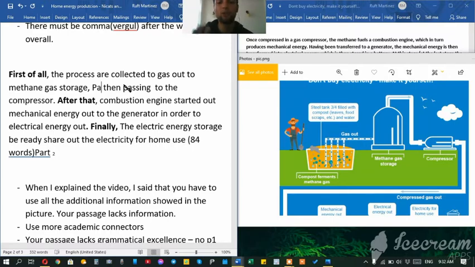Just use P1, P2, relative clauses and connectors. Connect the sentences to each other. Write a band eight answer, you can do that. You need just a little bit of vocabulary, not too many because you already have the vocabulary in the picture, but use a little academic vocabulary just to get band eight. You have to get band eight from Task 1, no other way.